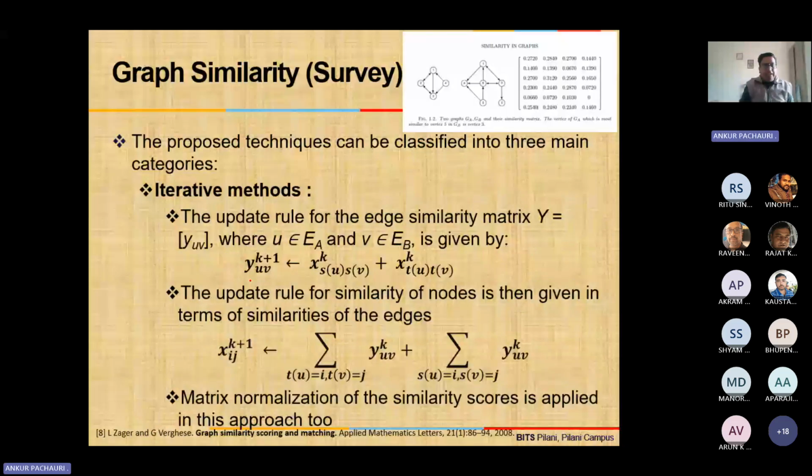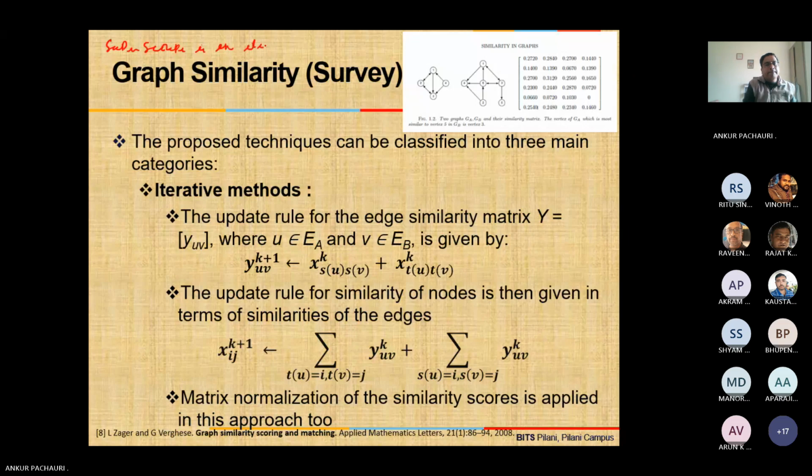Again, this superscript is not the power. This superscript is the iteration. Based on the values of the previous iteration, they update the values of the next iteration.